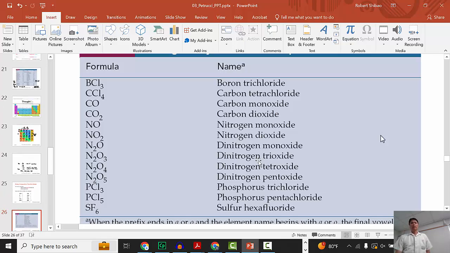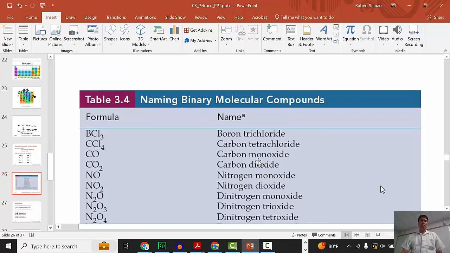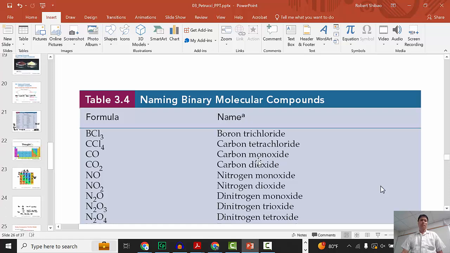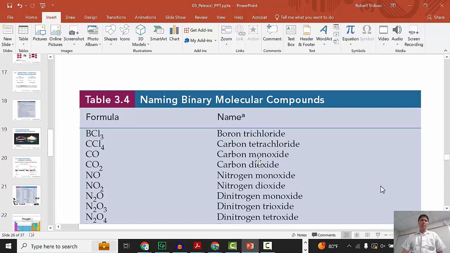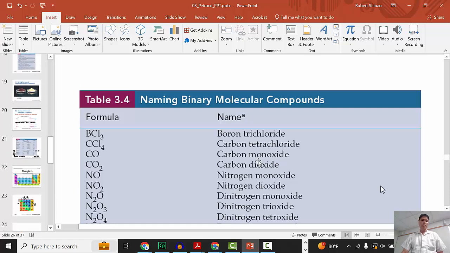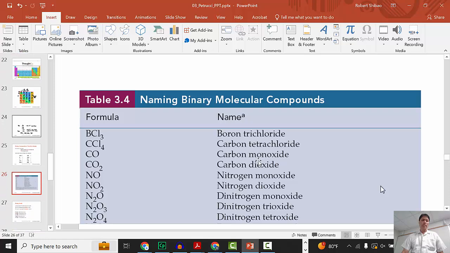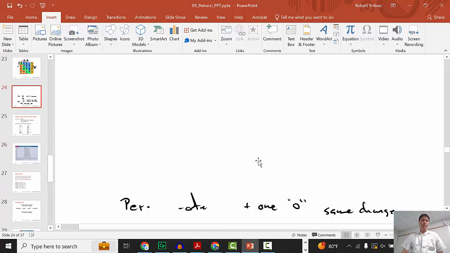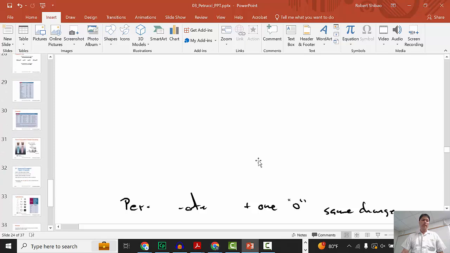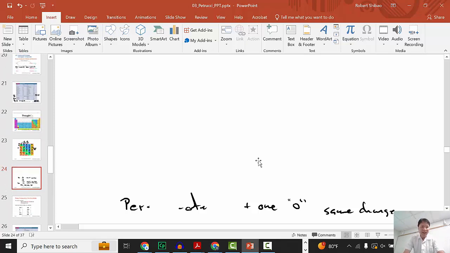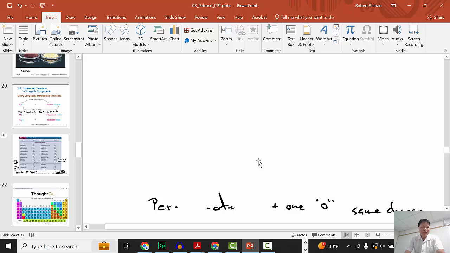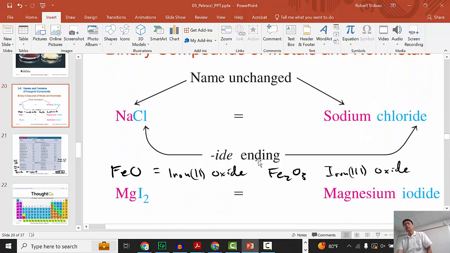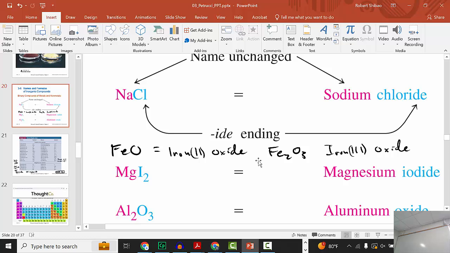We could do the same thing here with iron. If we didn't know the Roman numeral, or if we omit the Roman numeral, we could call this iron monoxide.